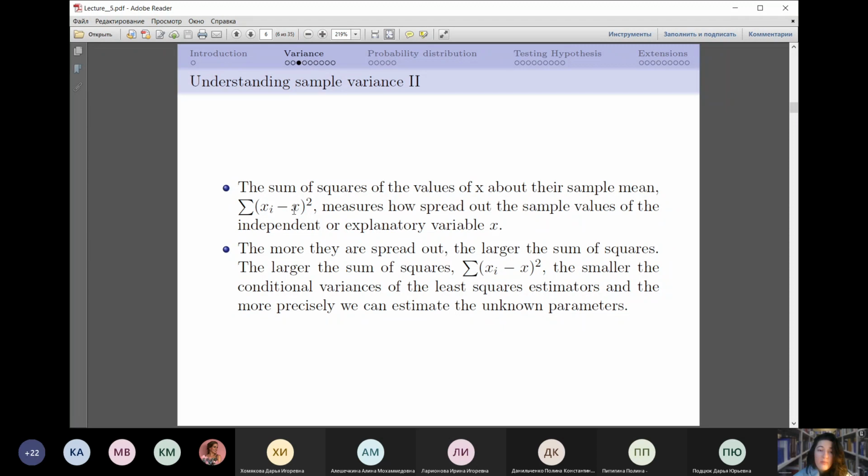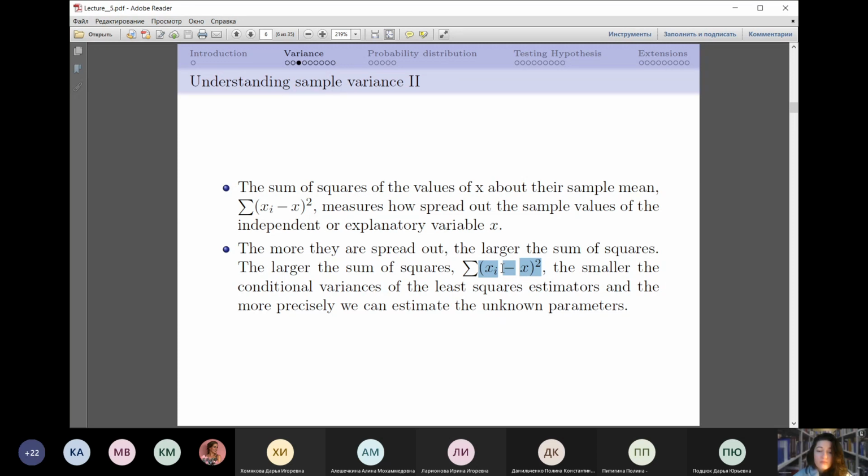The more spread out the values of our independent variable, the larger the sum of squares, and the larger the sum of squares, the smaller the conditional variance of the least squares estimators, and the more precisely we can estimate the unknown parameters.